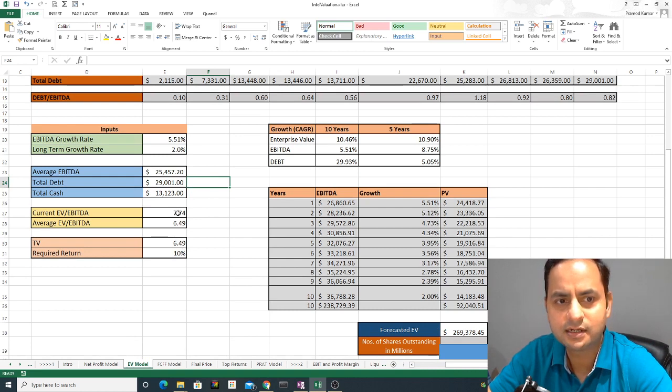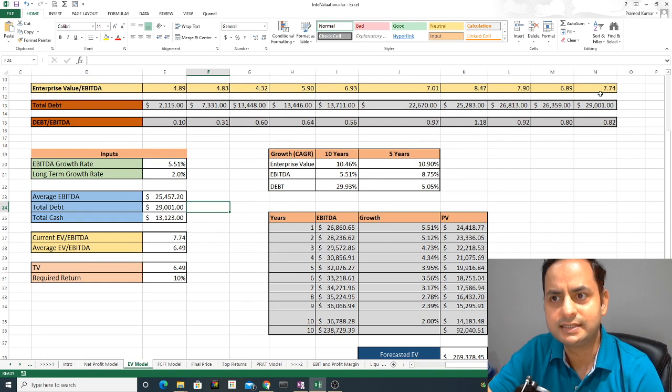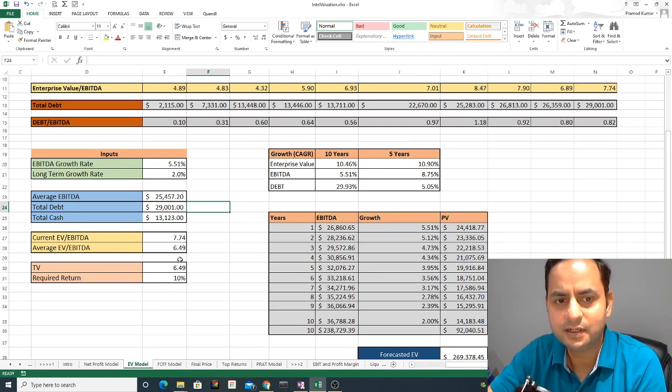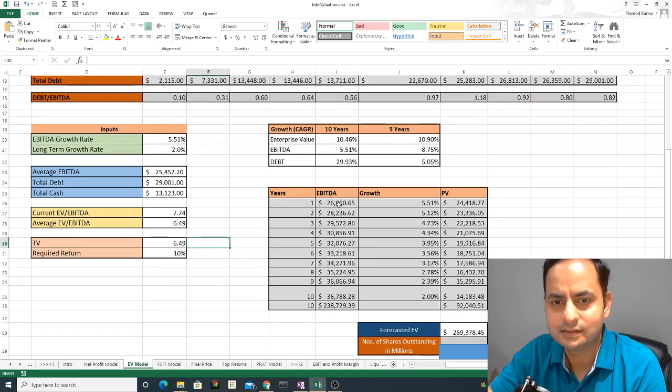The current EV over EBITDA is 7.74, which we can see here, and which is a little bit over the historical side, which is not bad. For the terminal value, I'm taking 6.49, basically the average, and the required return is 10%. Okay, so now the concept is similar.